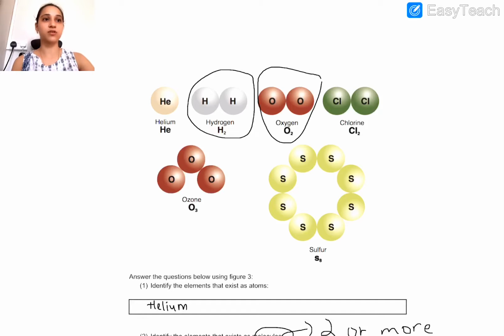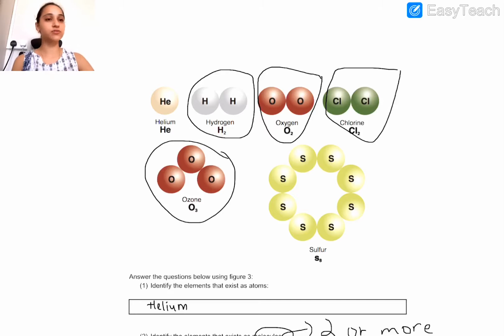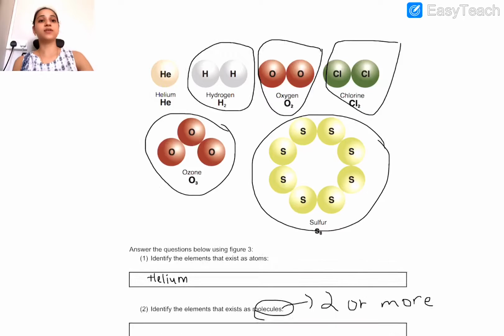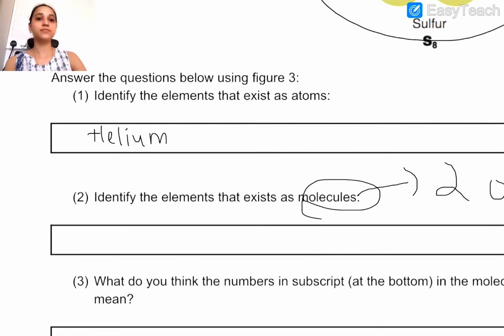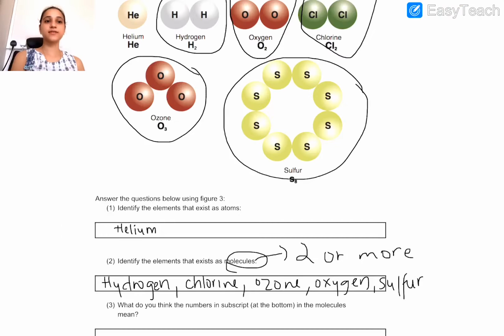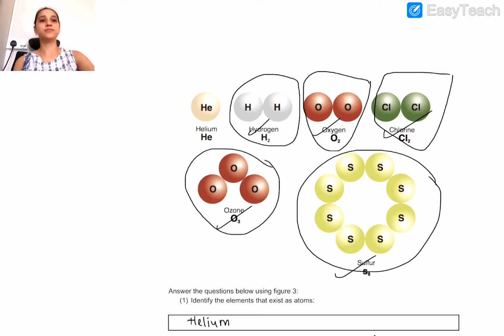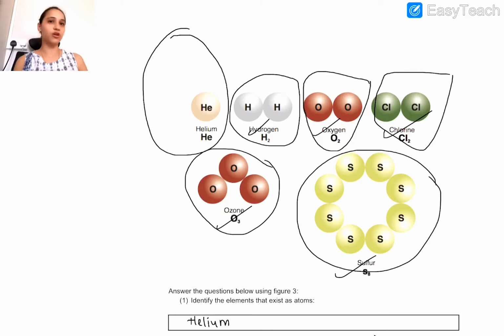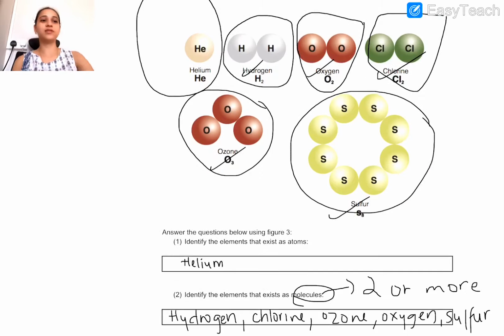Oxygen, chlorine, ozone, and sulfur, they are all combined together. So these are the elements that exist as molecules: hydrogen, oxygen, chlorine, ozone, and sulfur. The atoms are combined together. While helium, poor helium, is all alone. When they are all alone, they are referred to as atoms.